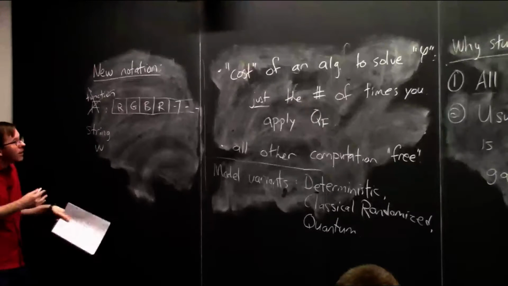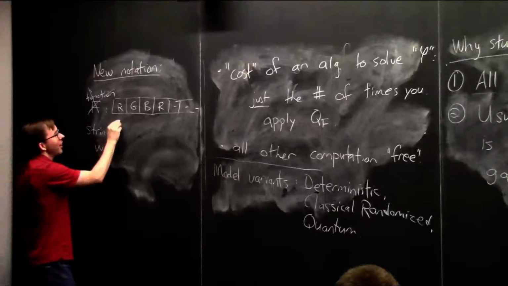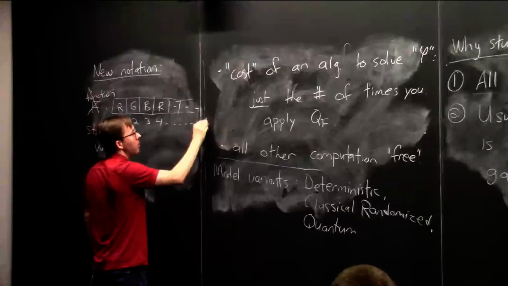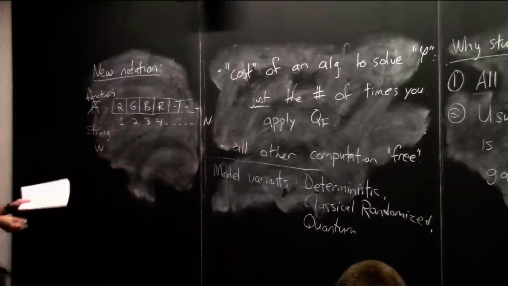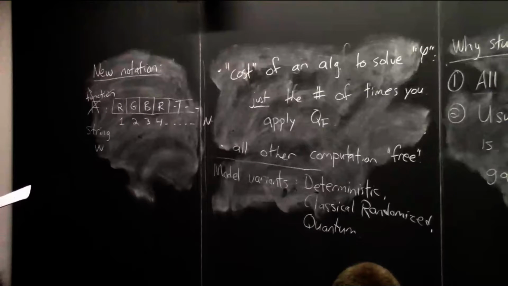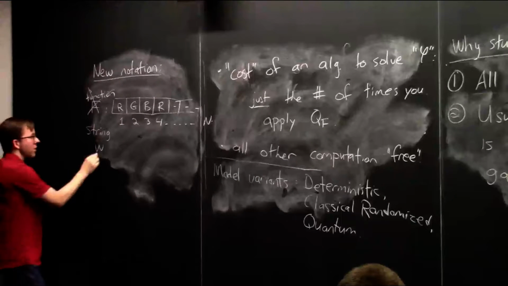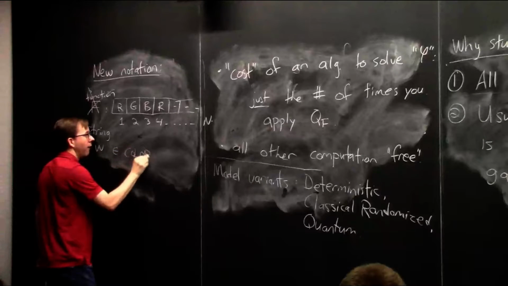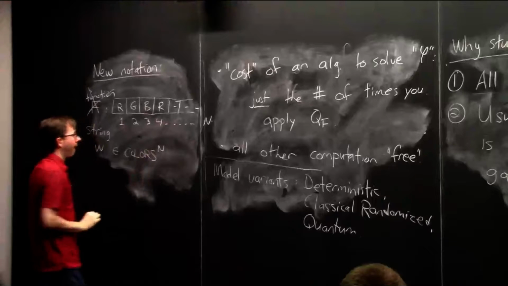And I'm also going to change from the Python convention. I'm going to call the positions 1, 2, 3, 4. That's also a little bit more standard. I'll still use capital N for the number of entries. And now this string w is a string in, I suppose, colors to the n.